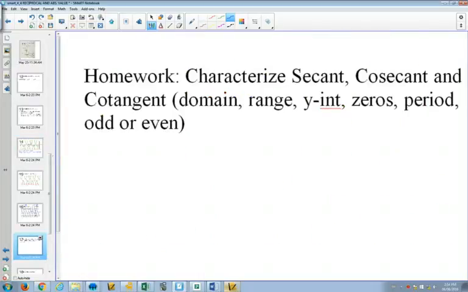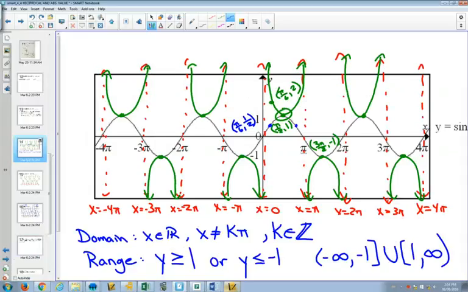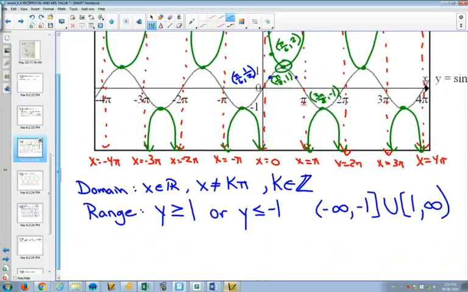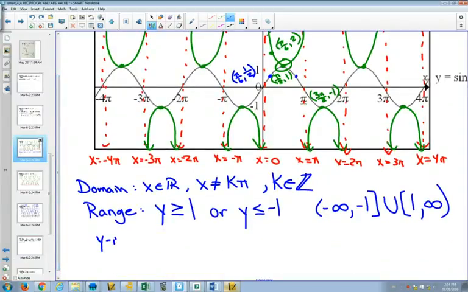So we've done domain and range. Y-intercepts. Does it have any y-intercepts? No. There are none. What about x-intercepts? Does it have any x-intercepts? No. There's none. That's pretty nice.